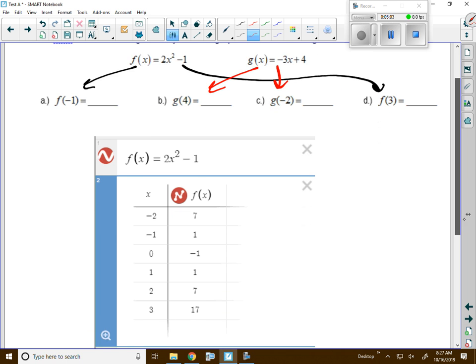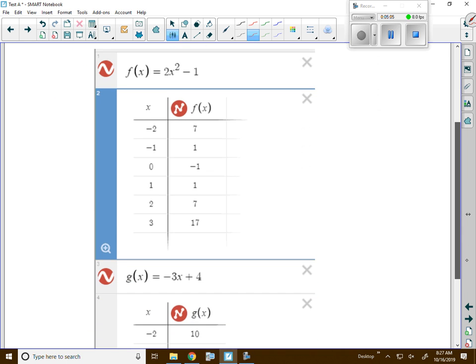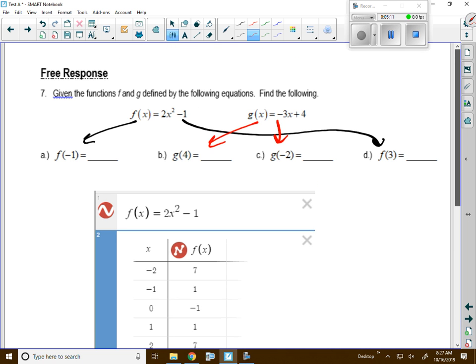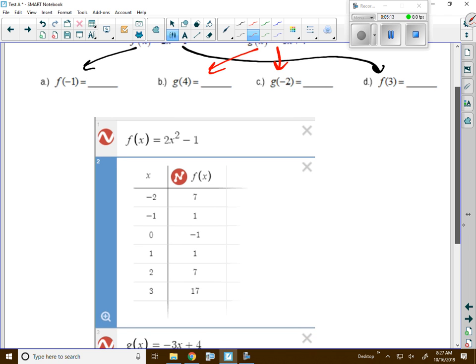Okay, so if I look here, I have my f function and I have my g function. You can just type both into decimals. So if you look here, f is -1. What does it correspond to for y? 1. Okay, that's right there. And then when f is 3, y is 17.